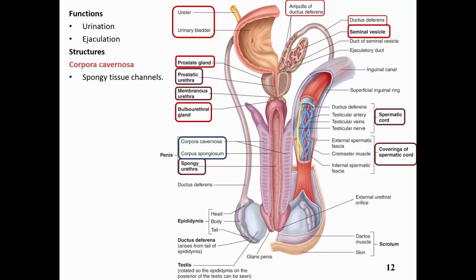Some of the key structures here, as indicated on the diagram, include the corpora cavernosa, which is made up of spongy tissue channels, these caverns. These caverns can fill with blood, and this is where it connects with the cardiovascular system.